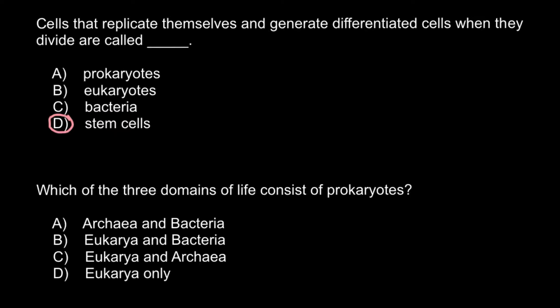For example, this would be bacteria, archaea, and eukaryotic organisms. So this would be the first variant. The second variant would be bacteria and archaea and eukaryotic organisms.